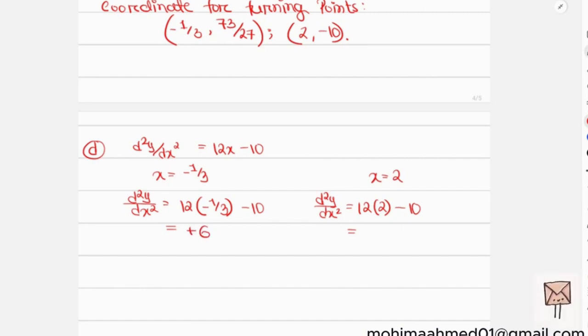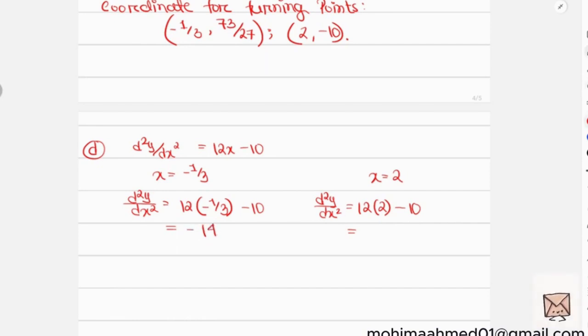And if I do the same thing, wait, sorry, minus 1 over 3 minus 10, right? Sorry, I made a mistake. This one was negative 14.